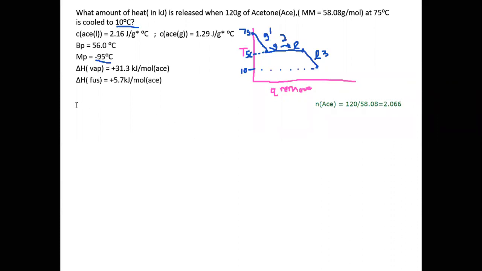So now Q1, we're in the gaseous state. So we're going to use the mass of acetone. Since we're in the gaseous state, we're going to use the specific heat of the gaseous form of acetone. Now here, we've got to look at delta T. Delta T is always T final minus T initial. So here it's going to be 56 minus 75.